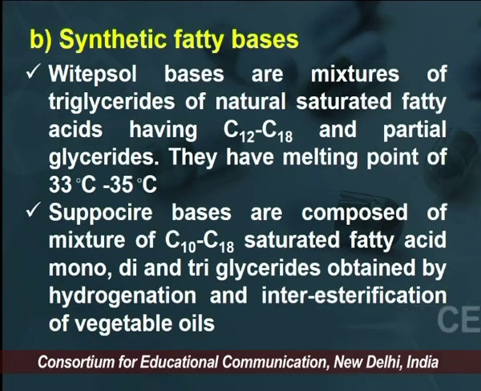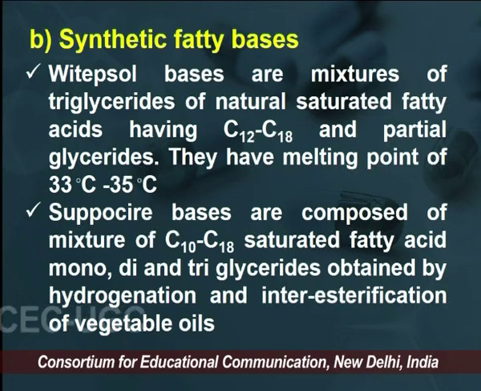Here the total unsaturation is taken care of and partial glycerides are attached, and their melting point range is in the range of cocoa butter, which is ideal. So, it is between 33 degrees centigrade and 35 degrees centigrade. This is very widely used under synthetic fatty bases.